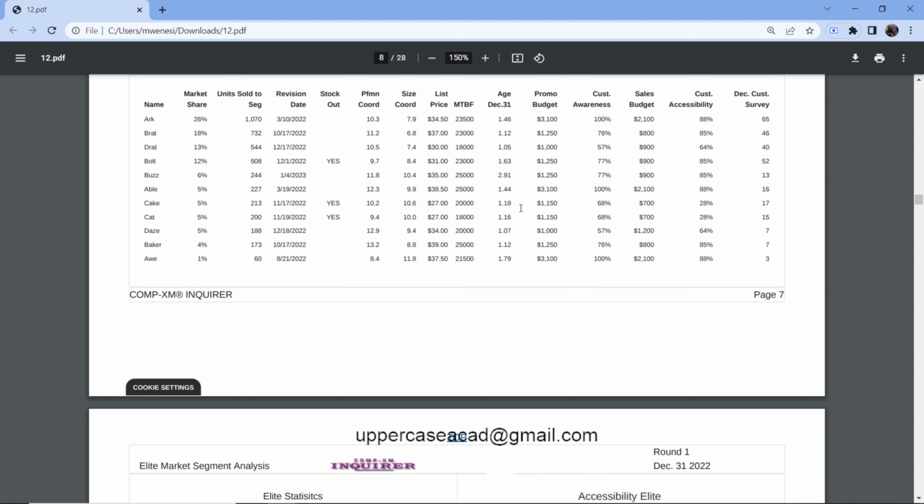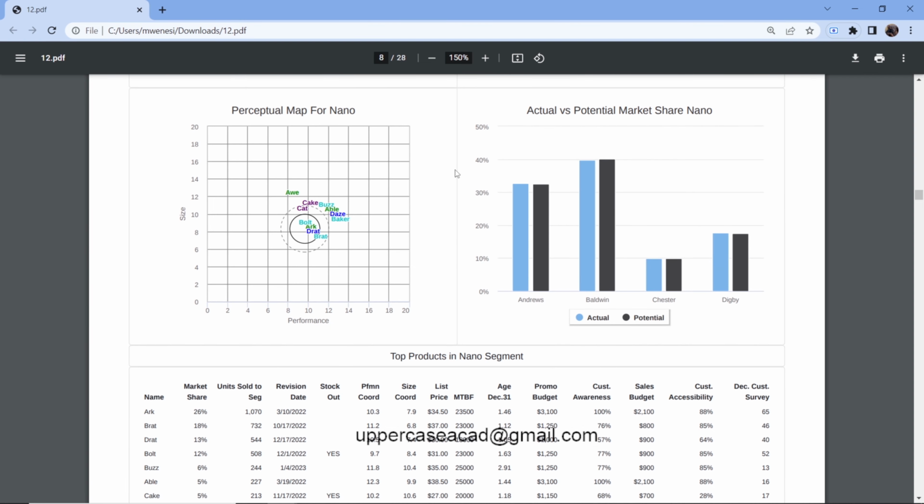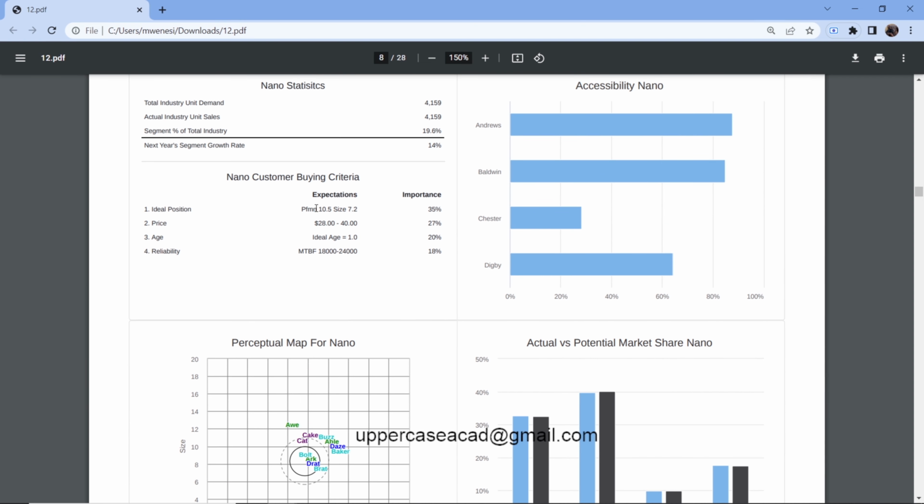This will impact your contribution margin. Price your product based on the customer buying criteria and the range of the customer buying criteria. And know that the higher the contribution margin, the better. And that means that you'll be making more profits.